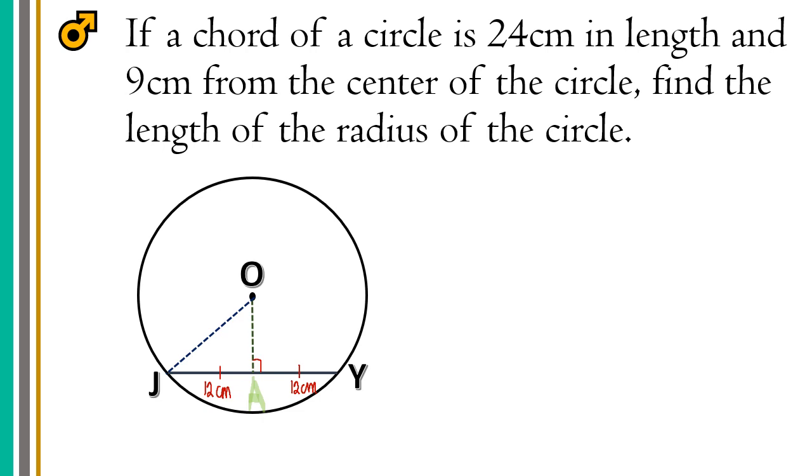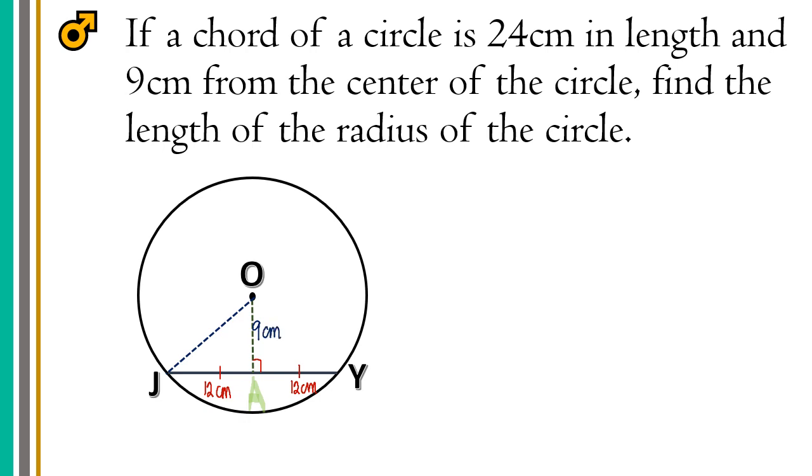All in all, the entire chord is 24. And the distance of the given chord from the center of the circle is considered 9. So I'm going to put here 9 centimeters.